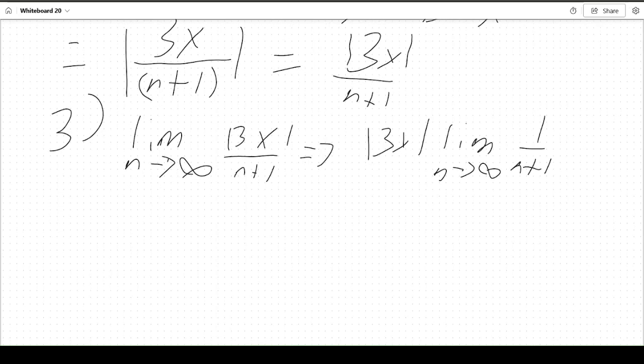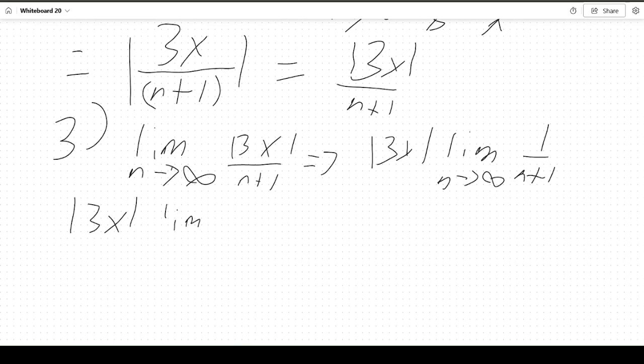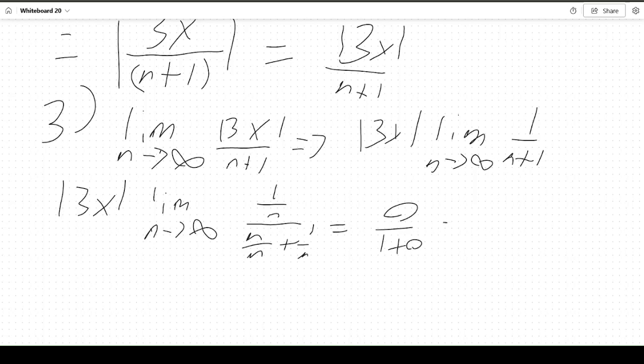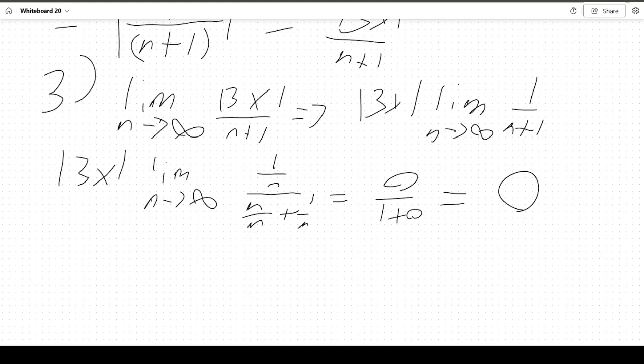Now we can do our basic limit stuff: we divide by n, so we get 1 over n over 1 plus 1 over n. This leads to 0 over 1 plus 0, which is 0 overall.